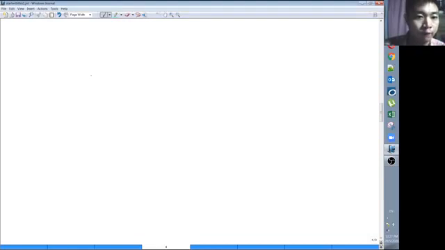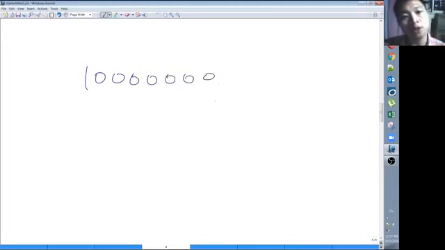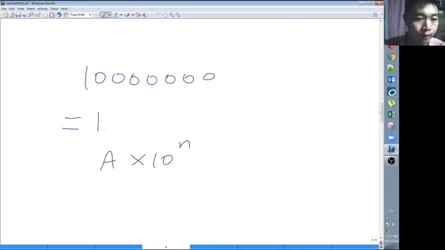So let's start off with this. What do you have here? Let me express this in standard form first. I hope you remember standard form looks like this. For this, your A should be 1, and then your n is, you count how many zeros you have: 1, 2, 3, 4, 5, 6, 7.